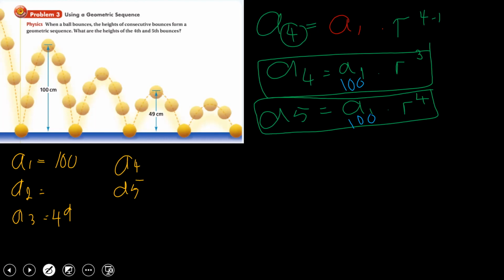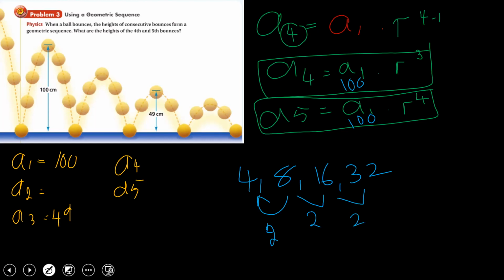In the previous problem 1 or problem 2, if I asked you to find r, like if you have 4, 8, 16, 32, you just divide and you will say it is 2. So it's very easy. If I want to find the common ratio, I just divide the second term by the first term.